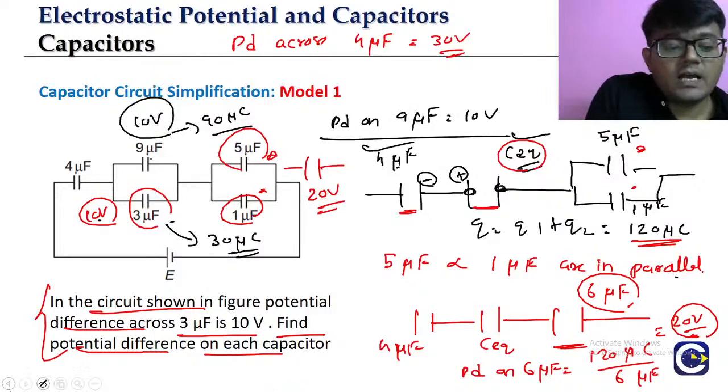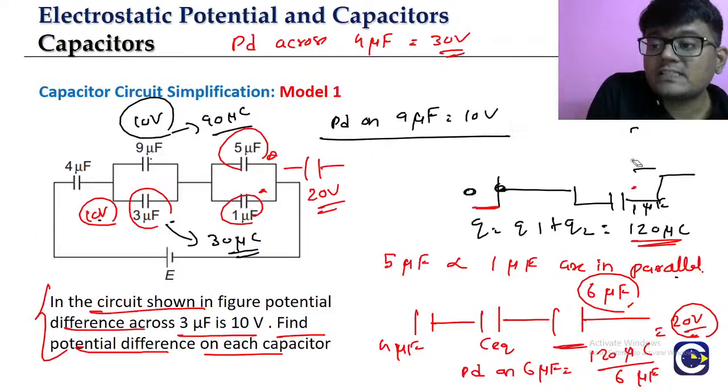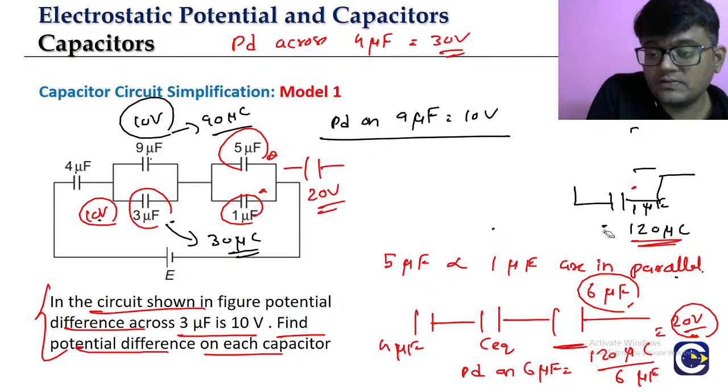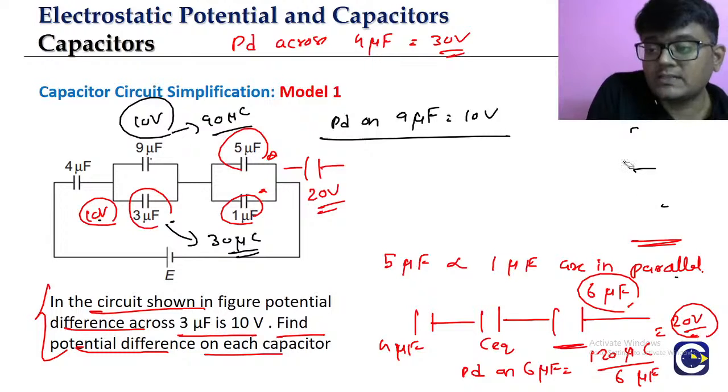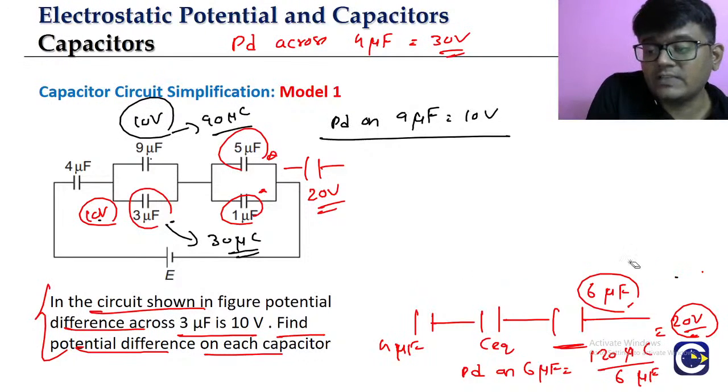Remember, an equivalent capacitor will have the same potential difference as the parallel branch from which we are getting it. Right? The equivalent capacitance 6 comes from the 5 and 1, which are in parallel.